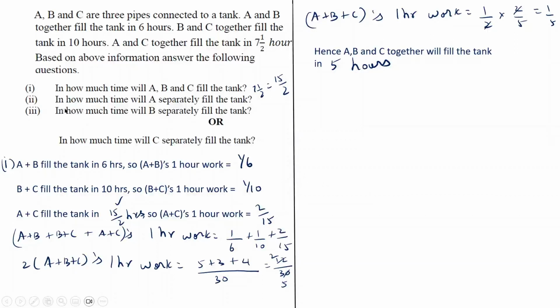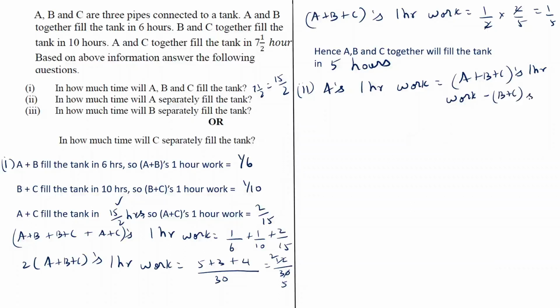The second subdivision: in how much time will A separately fill the tank? For that, let us find A's 1 hour work. A's 1 hour work will be A plus B plus C's 1 hour work minus B plus C's 1 hour work.